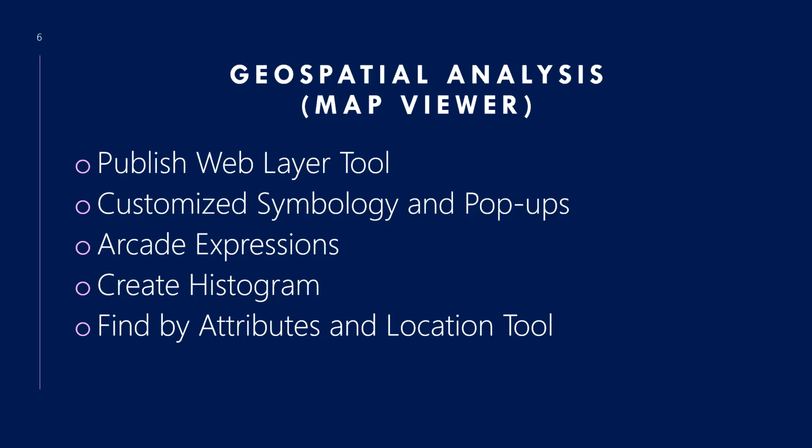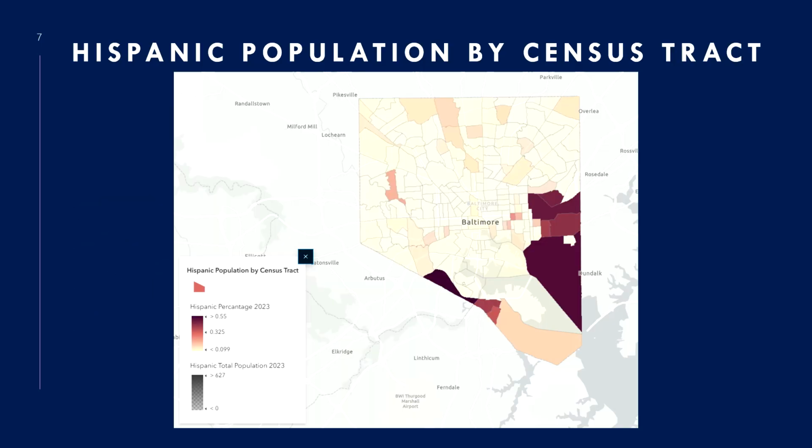I also created a histogram to look at the distribution of populations. And I finally used the find by attributes and location tool to really hone in on my data points of interest. And I'll go into each step a little bit further here.